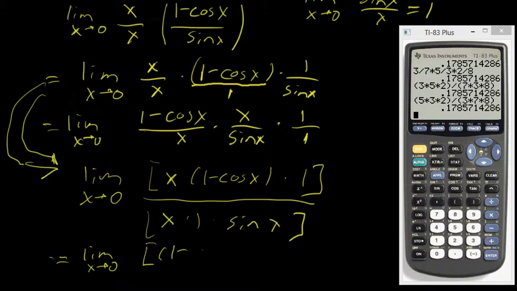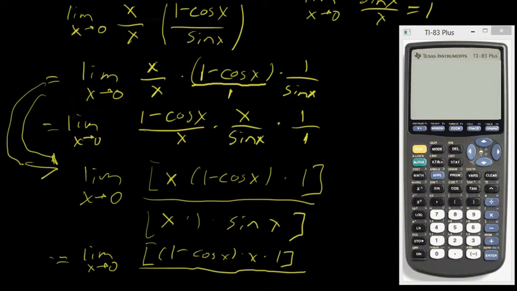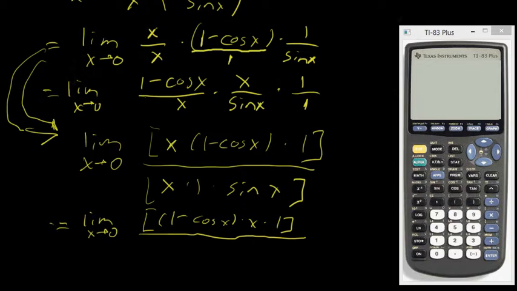Say 1 minus cosine of x times 1, and in the denominator let's just say we switched sine x and 1.